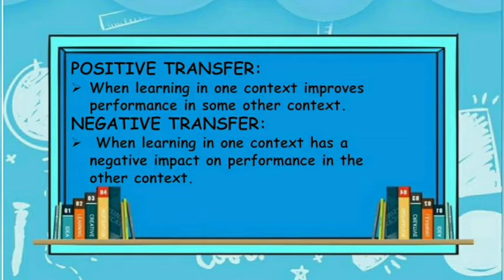There is improvement of knowledge through gain of additional information or education. Then, negative transfer occurs when learning in one context has a negative impact on performance in the other context, just like solving an earlier problem makes later problems harder to solve.